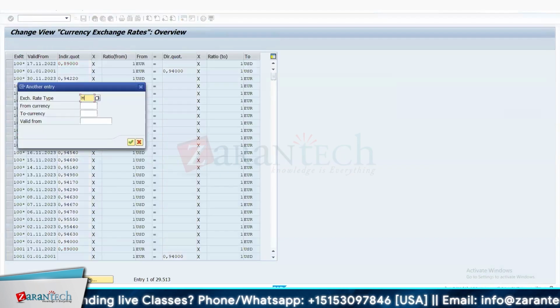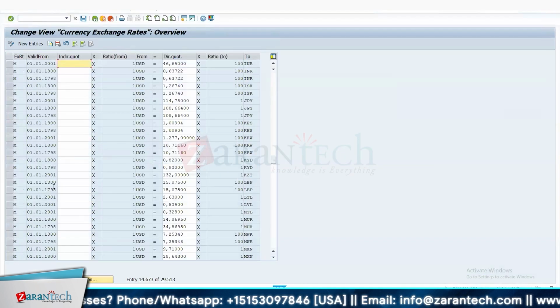You mean when I have a connection or integration with Bloomberg, I don't need to update the rate in OB08, right? Exactly. That's exactly what I was coming to. If there is no connected system with the trading platform, someone has to go and give these details.